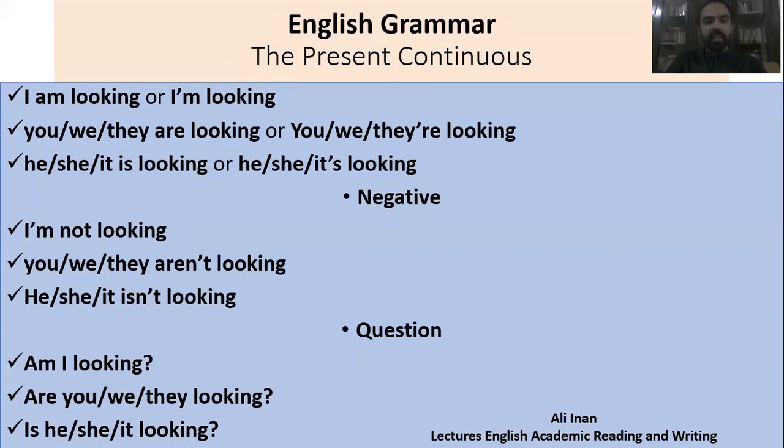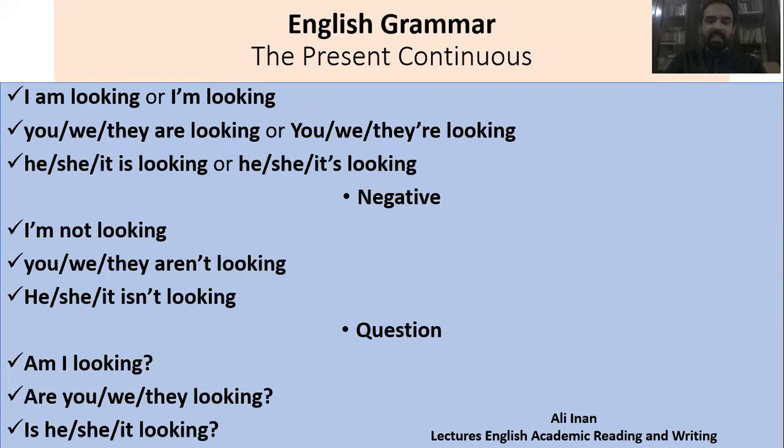Or we can say you are looking, we are looking, they are looking, or we can also write it with inflection: you're looking, we're looking, they're looking. He is looking, she is looking, or it is looking. And we can again have an inflection: he's looking, she's looking, or it's looking.